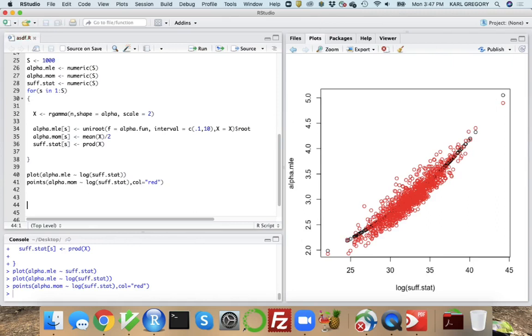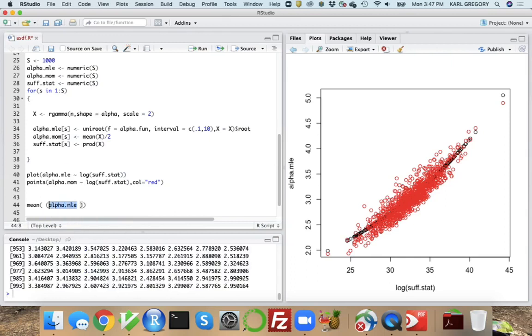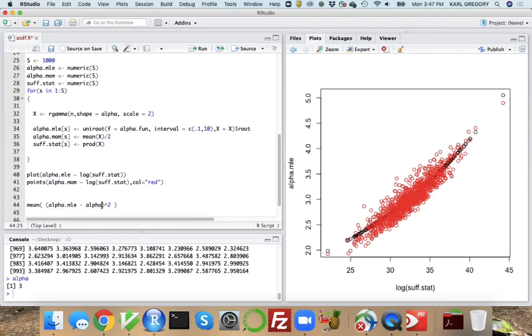The last thing I want to do with this simulation is compare the mean squared errors of these two estimators. So I have in this vector 1,000 realizations of the maximum likelihood estimator, and I can compute the mean squared distance of my MLE from its target, alpha. Remember, the true value of alpha is 3.